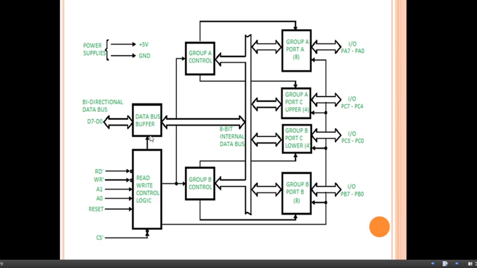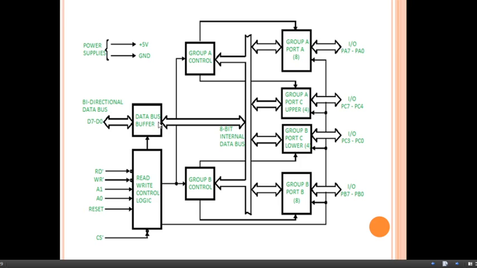When read is activated, this data bus buffer will transmit data to the system bus, meaning the data from 8255 will be transmitted to the system bus. When write is activated, the data from lines D0 to D7 will be received by this data bus buffer.